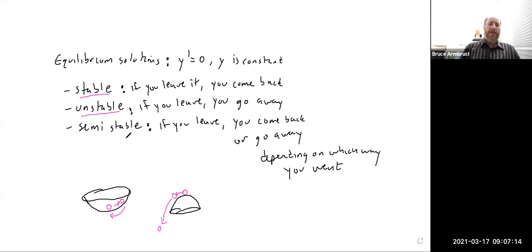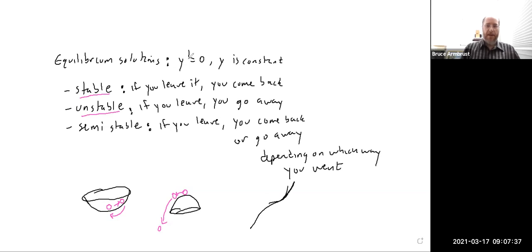Okay, so semi-stable is one where sometimes we come back, but sometimes we go away, depending upon where we are. A good physical example of this, for those of us that live in the mountains, would be a mountainside that looks sort of like this.